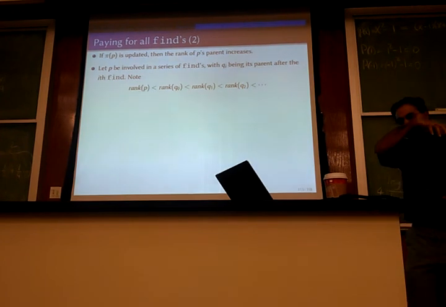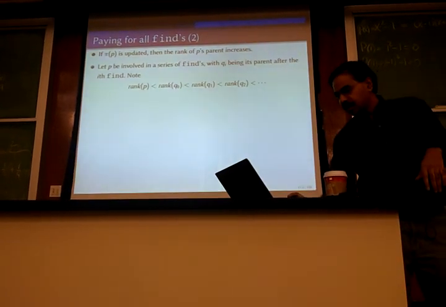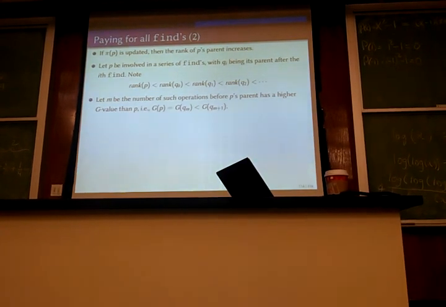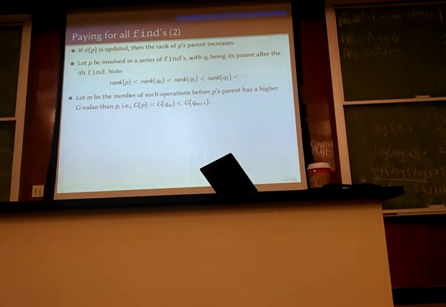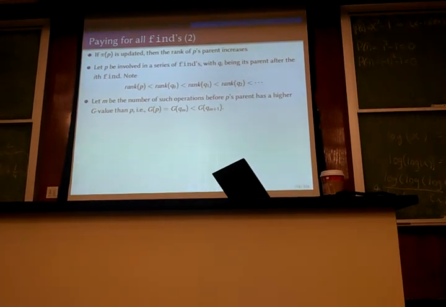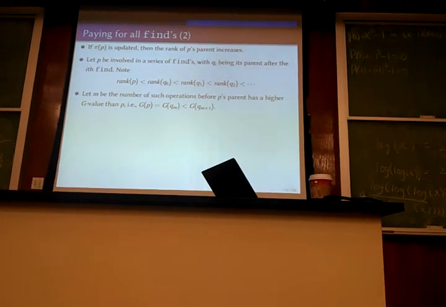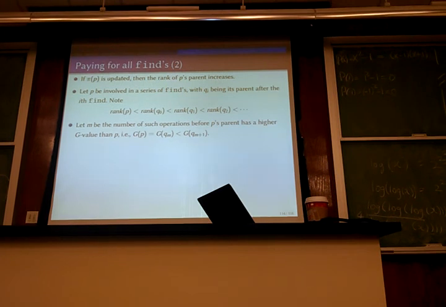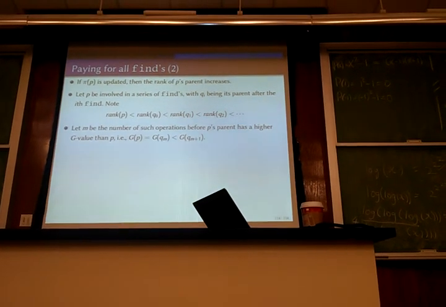So now through these updates you want to see how many such updates can happen. Let's try to recollect what our strategy is. Our strategy is to say the cost of find is going to be counted purely in terms of the number of update operations on the parent pointer.